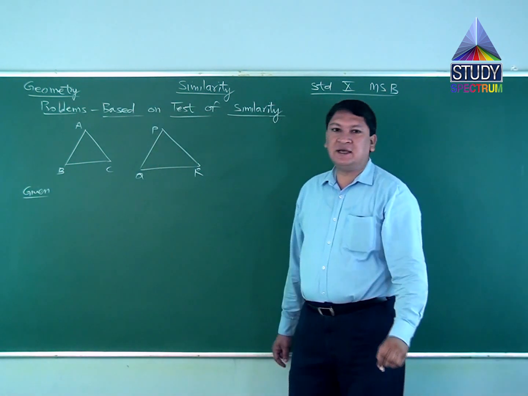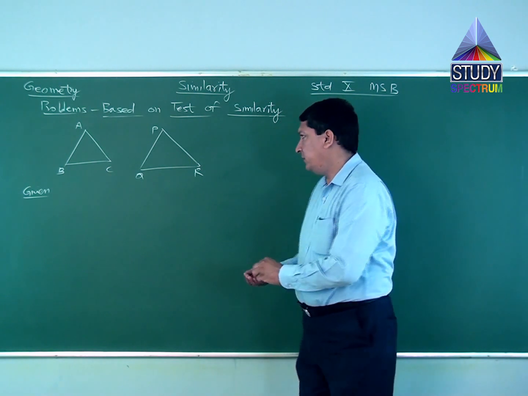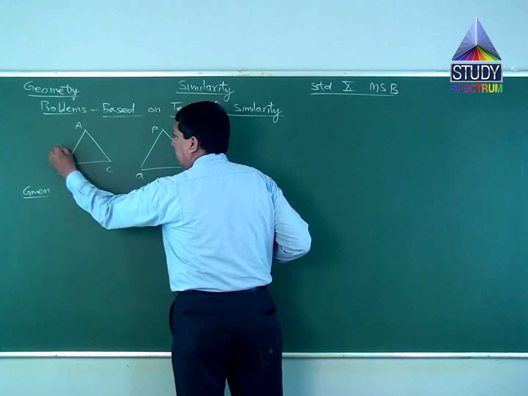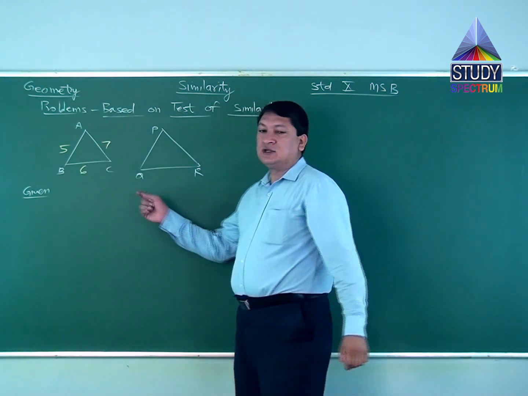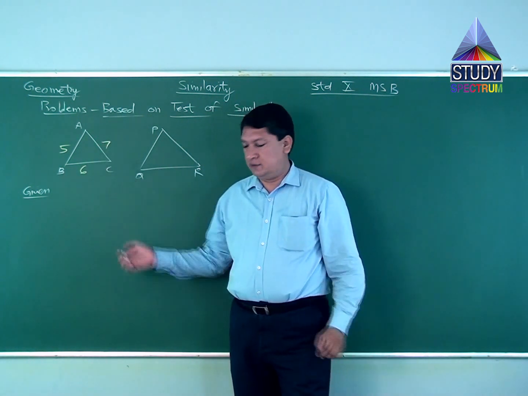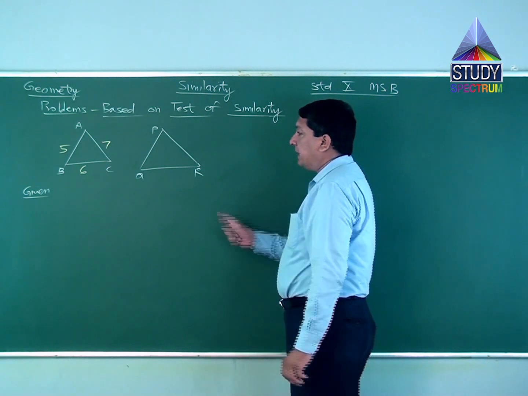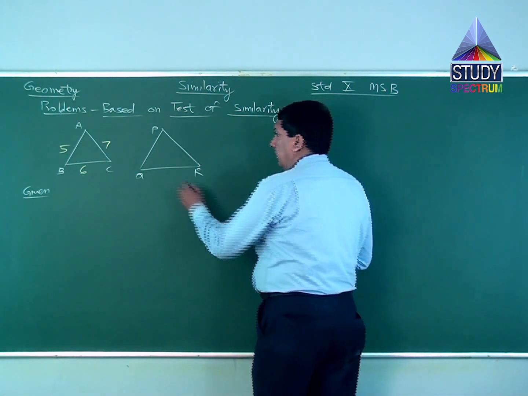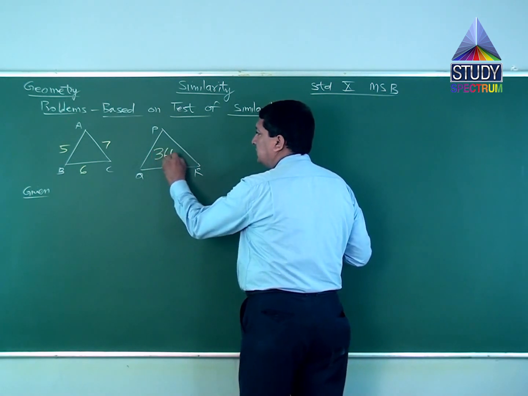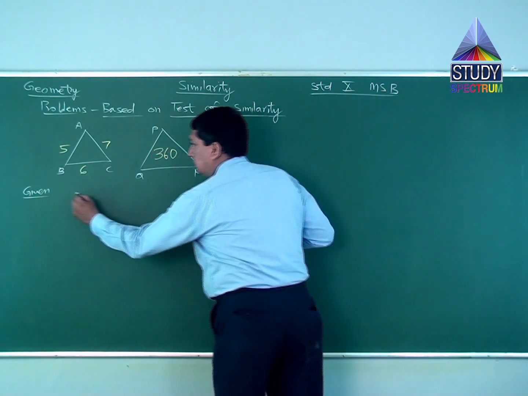Say triangle ABC has sides 5, 6, 7. I'll go in sequence: AB, BC, AC. This triangle has sides 5, 6, 7. And say the perimeter of triangle PQR is 360 units. This is given to us.